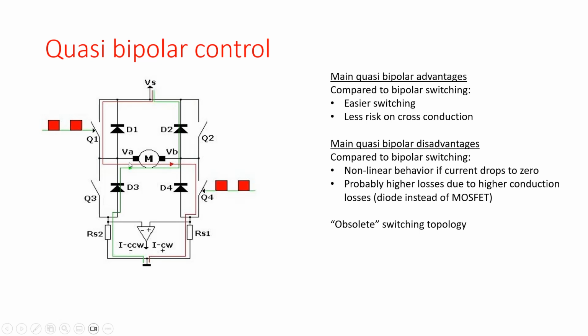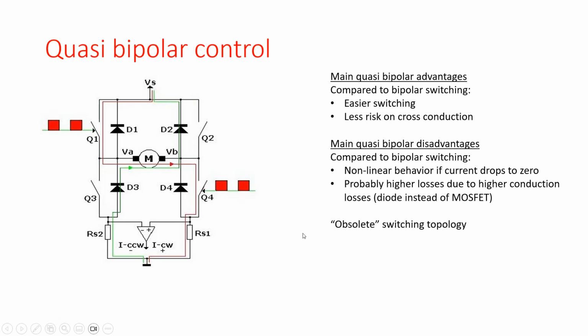So we do not have that direct relationship anymore between the PWM and the motor voltage, and we could have higher losses because the current flows through diodes and not through MOSFETs, and the ohmic resistance of the diodes is in general higher than that of the MOSFETs.